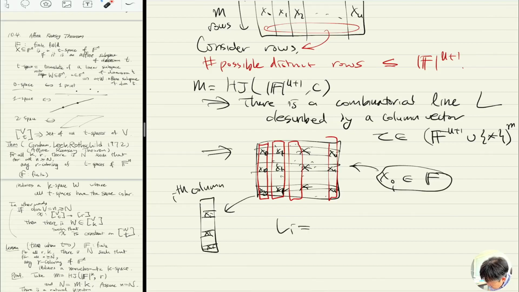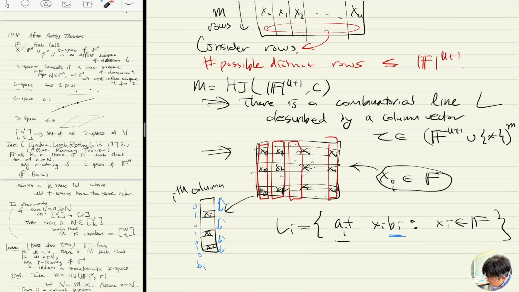so Li is the set of points ai plus xi pi, where xi is some entry in F, and ai is the column vector representing the entries with no stars, and pi is the 0, 1 vector that marks where xi is placed.